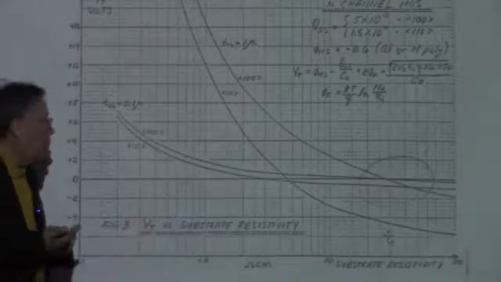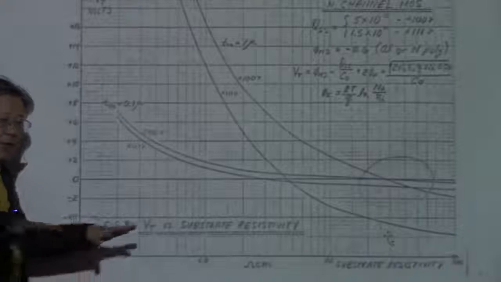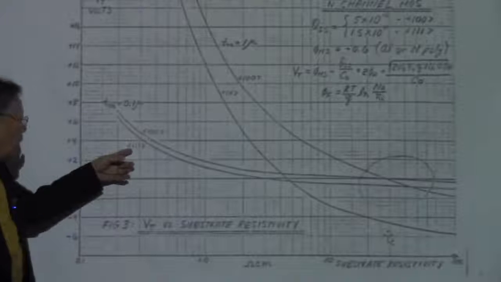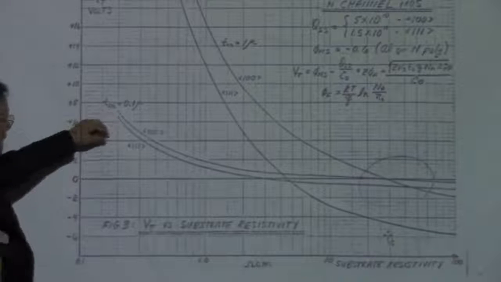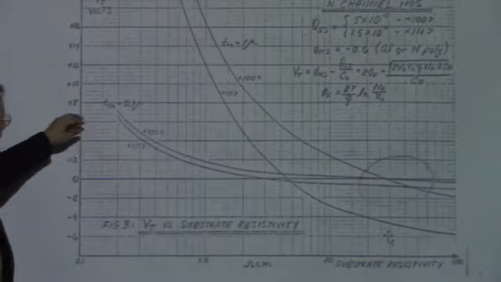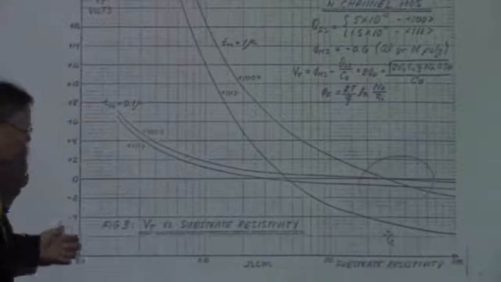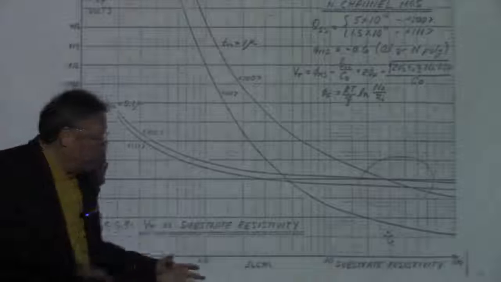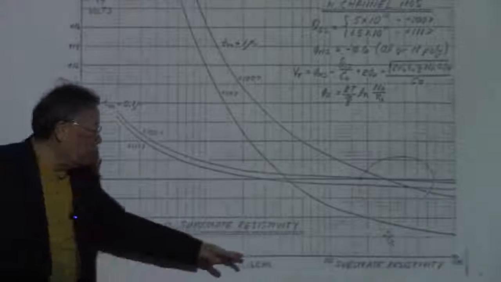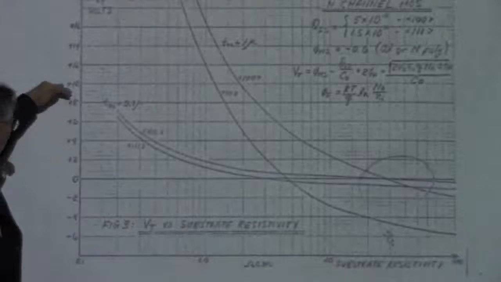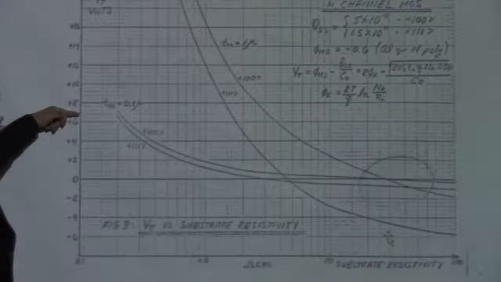If you have a MOS transistor on the 100 surface, or you can make it on the 111 surface, then in both cases, if the oxide thickness is 0.1 micron, you can see if you reduce the substrate doping so that you increase the substrate resistivity, the threshold voltage starts out at about 7 volts.